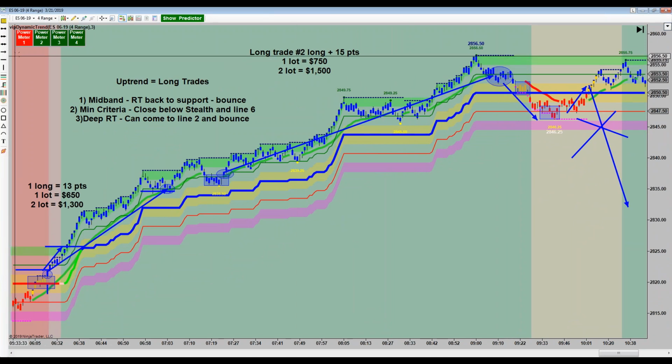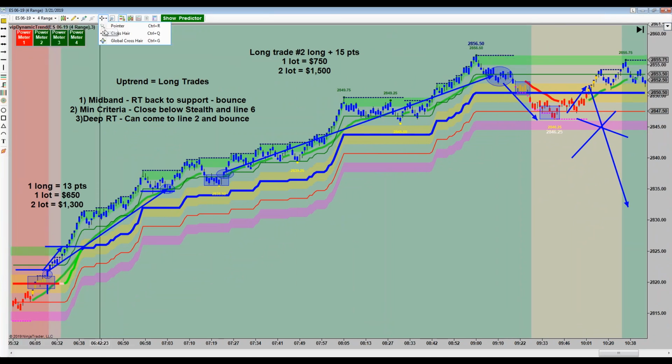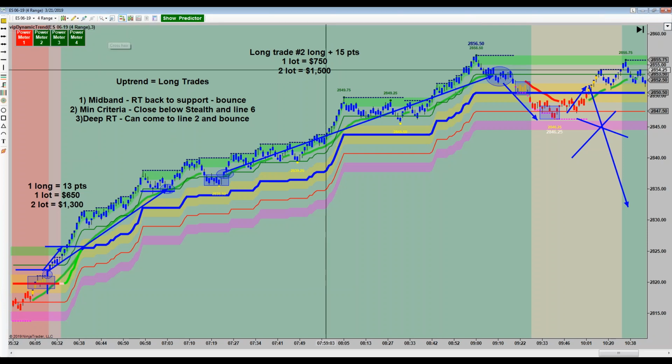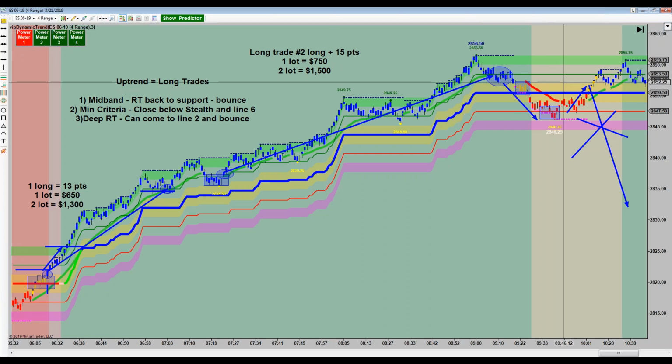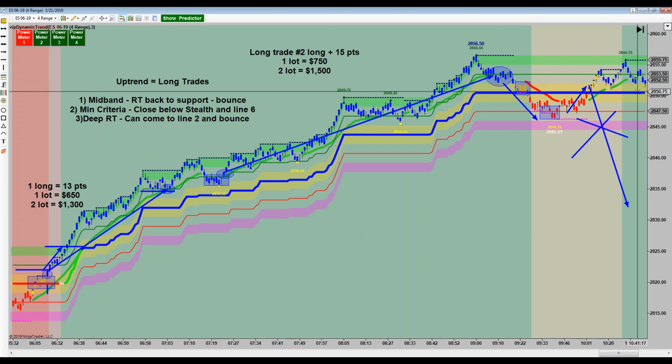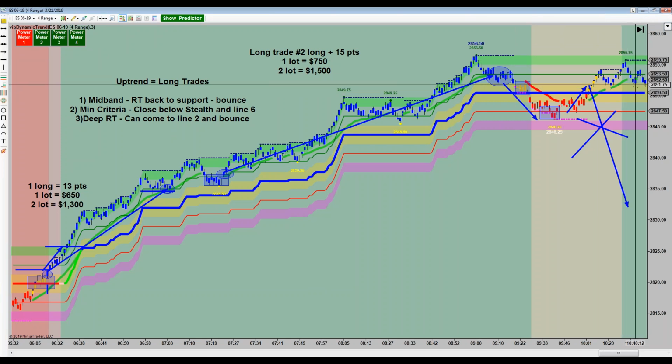Over here. I want you to focus your eyes over here. Your dog's happy, your stomach's full, you've got a fresh cup of coffee there. Can you enter ES right in here on the right-hand side of the chart at 1038? Is this a legitimate long trade entry? Right over here, where my cursor is.